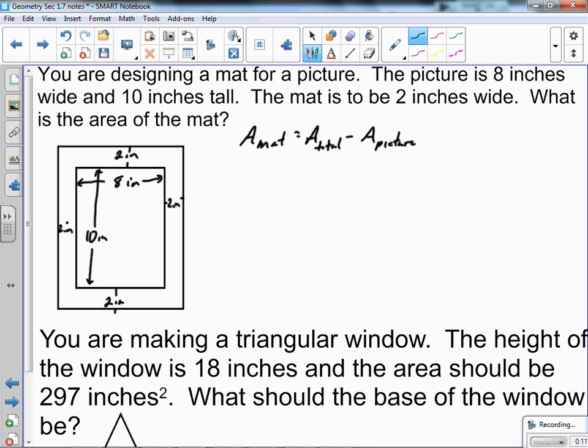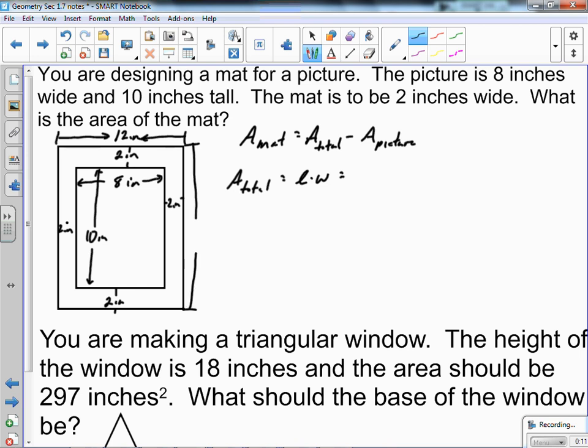So the total area, we're doing length times width for the whole picture. And so we have to recognize that for the width, we're adding 2 inches on each side to the 8 inches. That'll be 12 inches wide.